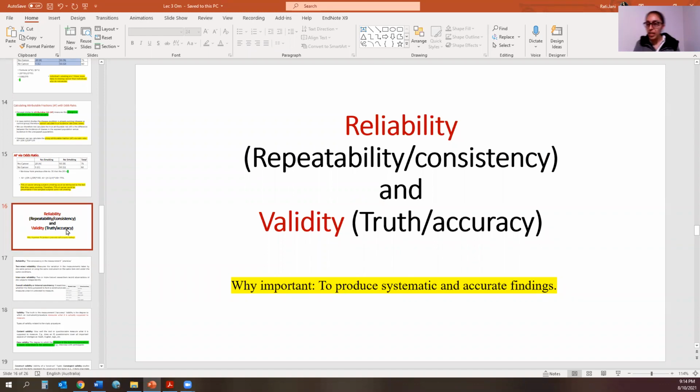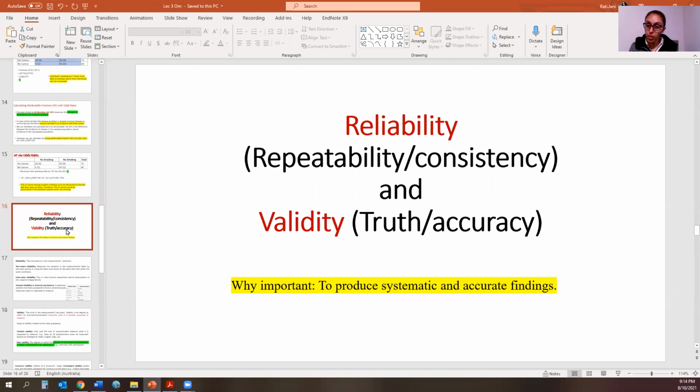What's going on? That's not consistent. What is consistent? 52 kgs, maybe 52.0, then again 52 kgs. That is reliability. That weighing scale is reliable because it gives you consistent results, no matter how many times you do it.